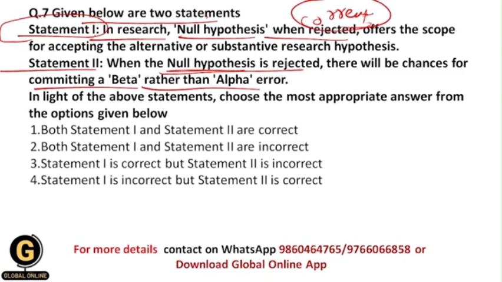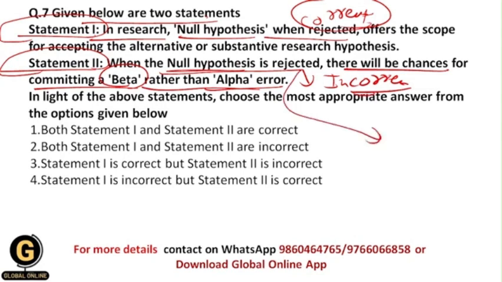But the second statement states that whenever we reject the null hypothesis, then there will be chances for committing a beta error rather than alpha error. But this statement is incorrect. Because as we have seen earlier in this video, whenever we reject the null hypothesis, then there will be chances of occurring type 1 error.